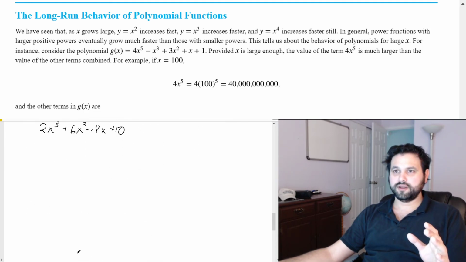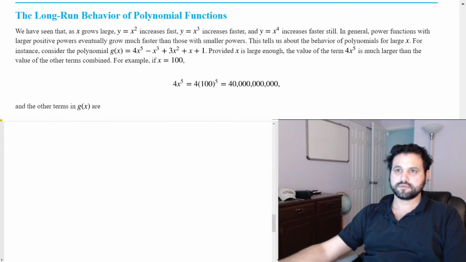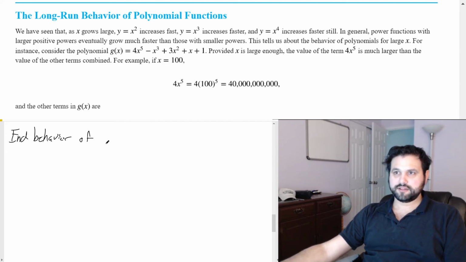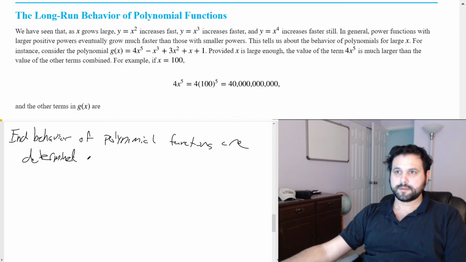So the long run or end behavior of polynomial functions are determined by the leading term.